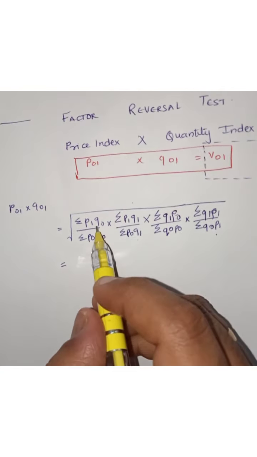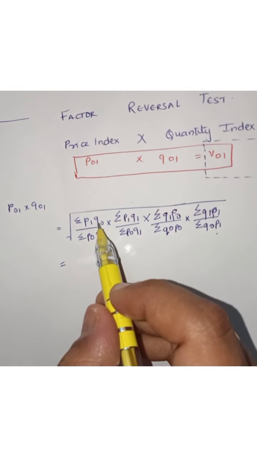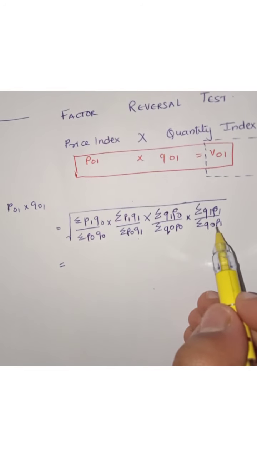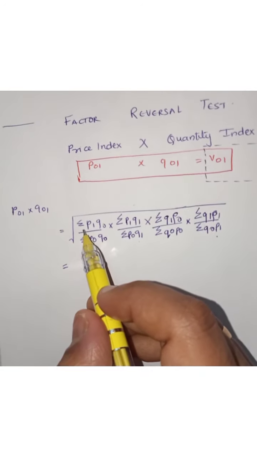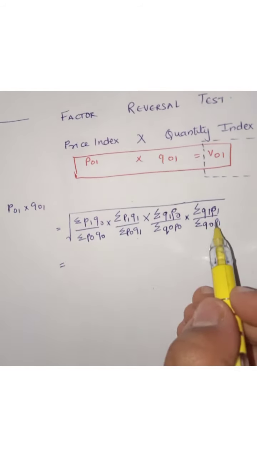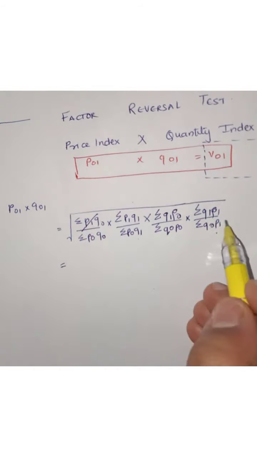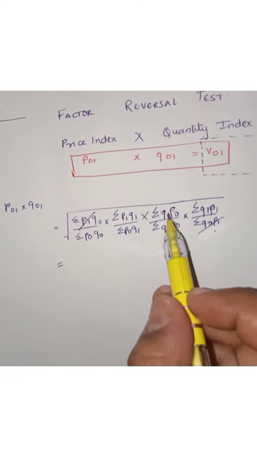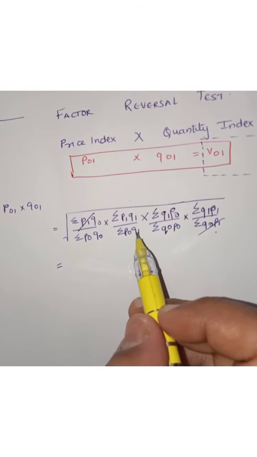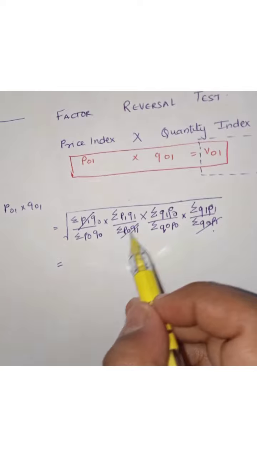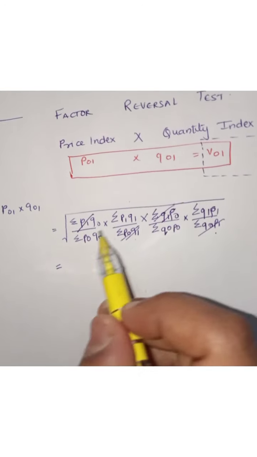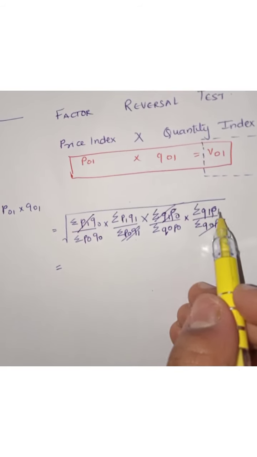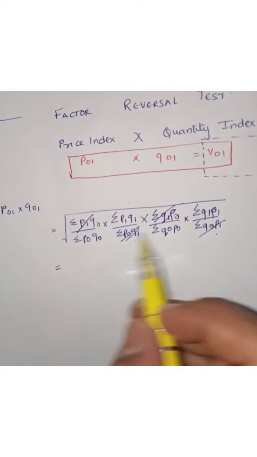Now let us simplify it. Can we simplify this? P1 Q0, do we have the term in the denominator? Yes, here. Since this is a multiplication, we can cancel this part. P1 Q1, we do not have any term in the denominator. Q1 P0 and P0 Q1, yes, since it's multiplication, we can definitely cancel it out. Now what is the remainder? The remainder is summation of P1 Q1, summation of Q1 P1 divided by summation of P0 Q0.